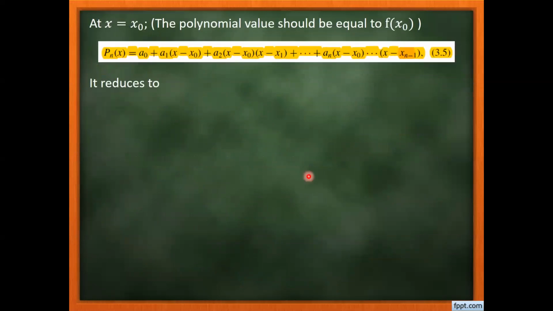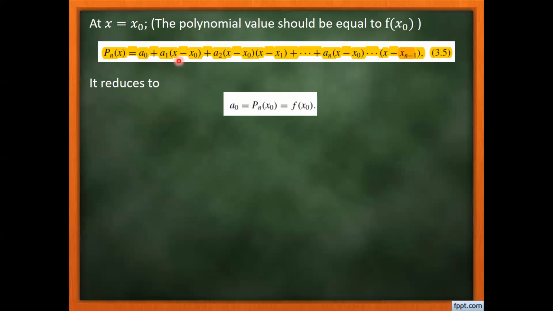Now, we know that for an interpolating polynomial, it must satisfy the given data. At x equals x0, the function value is f of x0. So this means that our polynomial shown in 3.5, when I substitute x equals x0, should be equal to f of x0. By using this condition, it reduces to this form.